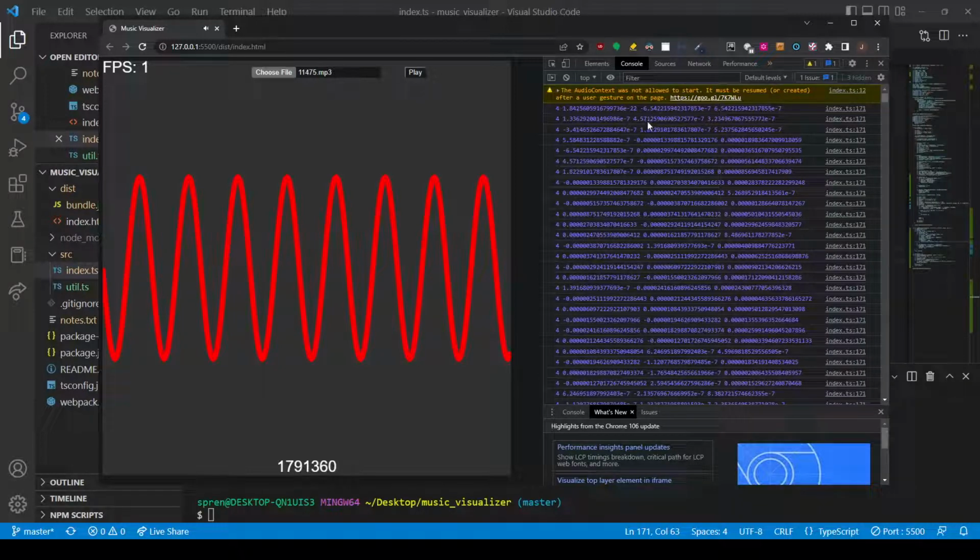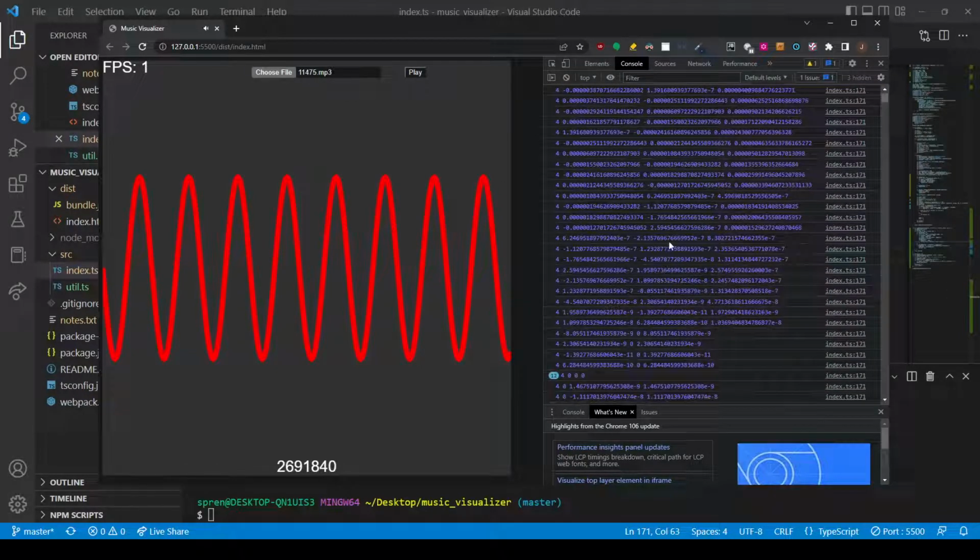It should be decreasing. What? What? Why is that what it's showing for the samples? Excuse me?